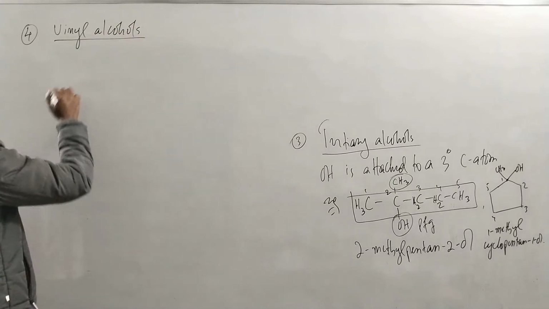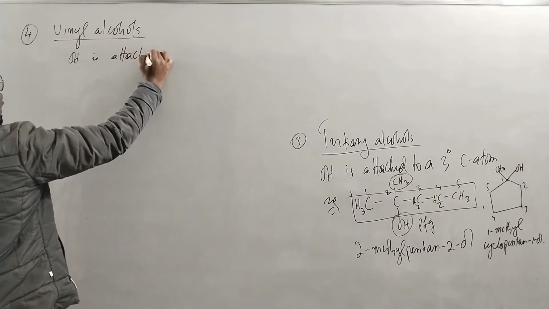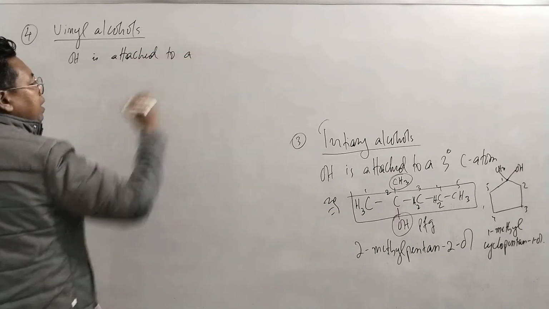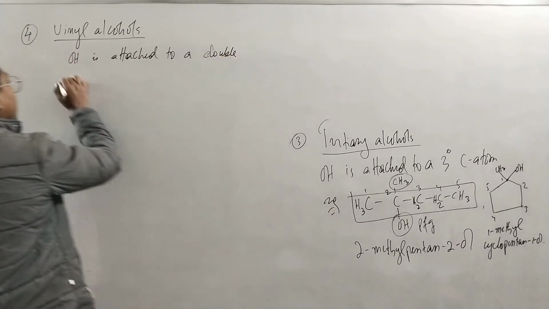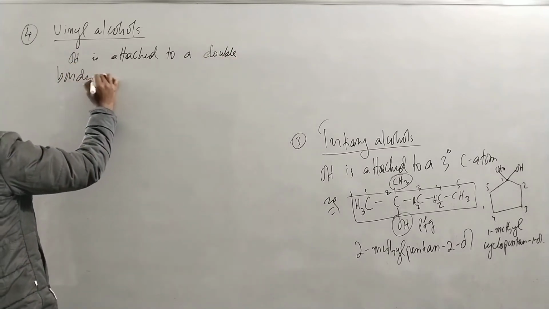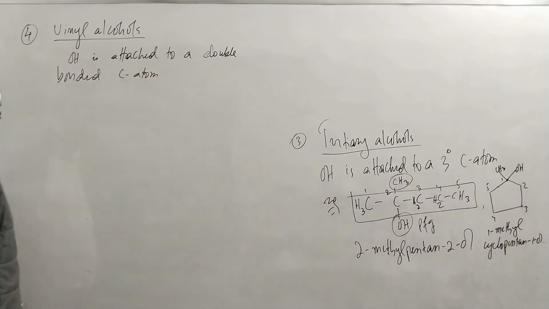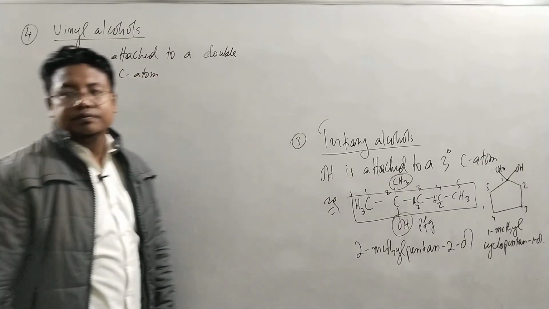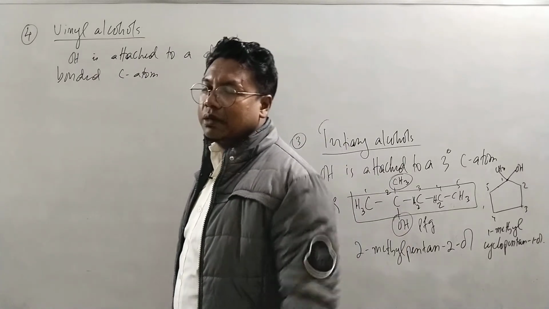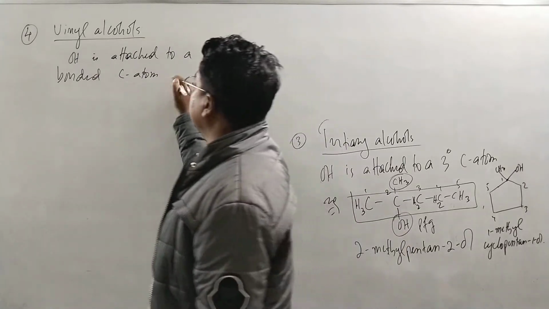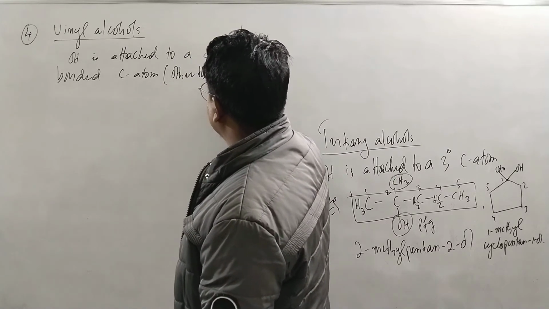In vinyl alcohols, OH is attached to a double bonded carbon atom. Double bonded carbon atom. Other than benzene, if OH is attached to benzene directly, then that becomes phenol. This is other than benzene.